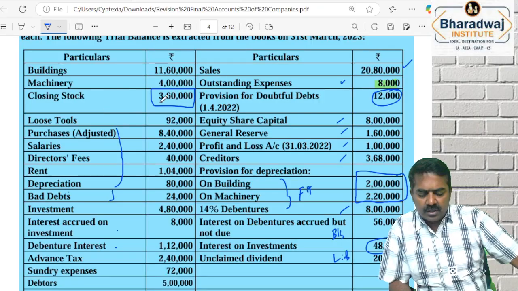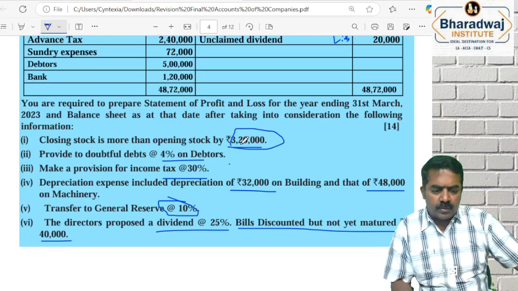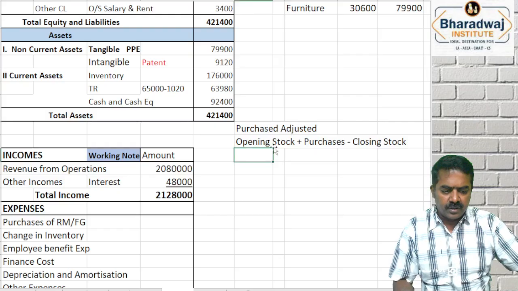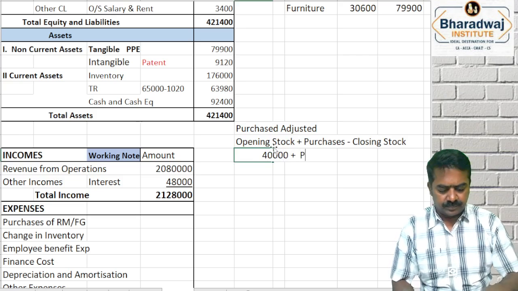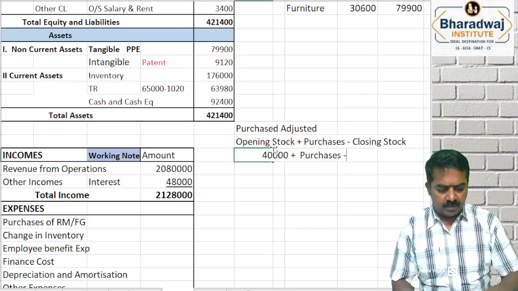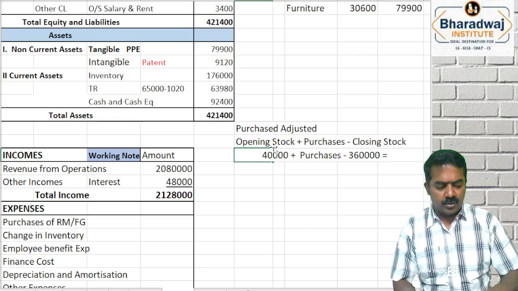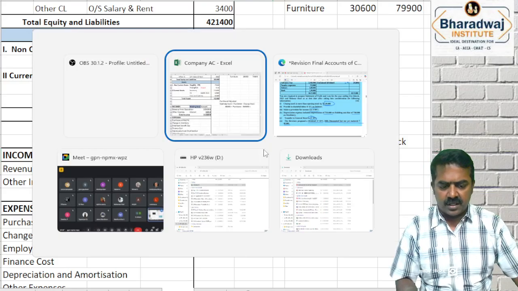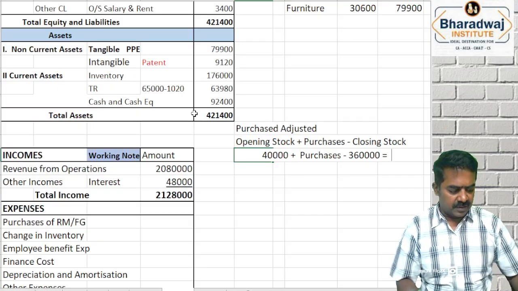Closing stock is given as 3,60,000, which is more by 3,20,000. So opening stock would have been 40,000, plus purchases unknown, minus closing stock 3,60,000. This is what is given. Adjusted purchases is given as 8,40,000.